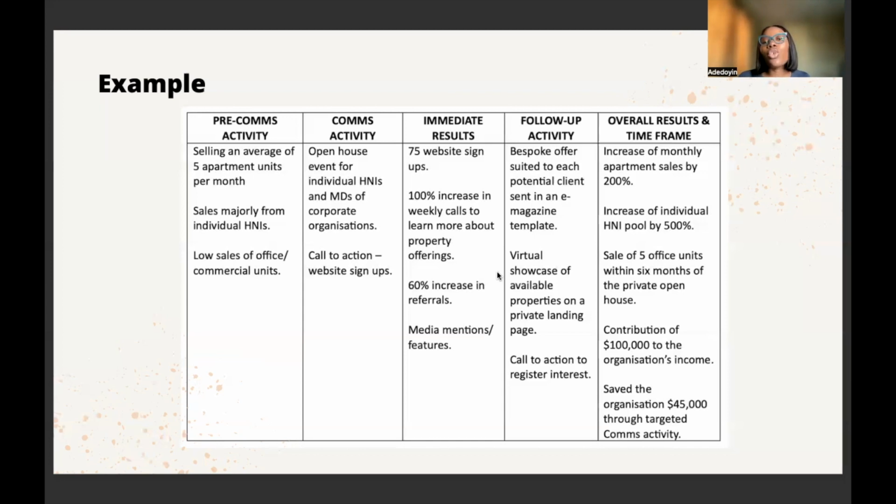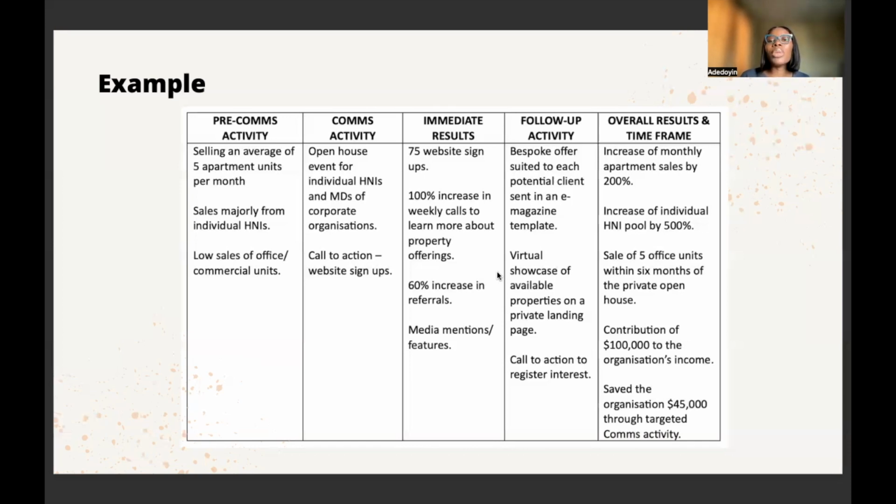And then you're looking at the overall results and time frame. So you want to look at increase of monthly apartment sales. So maybe in this example that we're using, let's say there was an increase of apartment sales by 200%. So you can say how much comms contributed to that. So remember at the very beginning, this organization was selling an average of 5 apartment units per month.